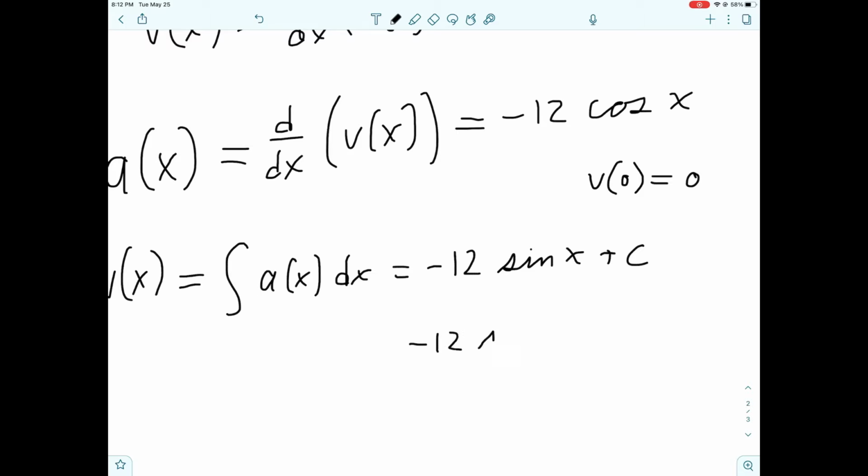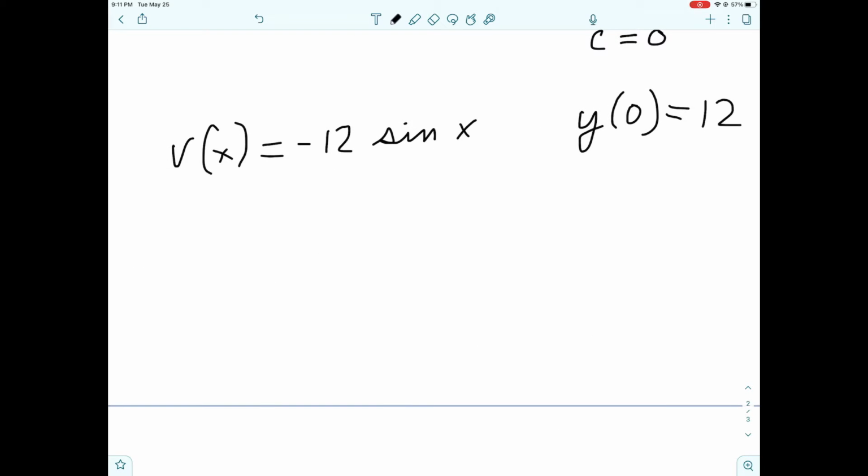Don't forget about that constant of integration plus c. Now in order to find what c is, we're going to set that equal to 0. So we get c equals negative 12 sine of 0, and we figure out that c equals 0.